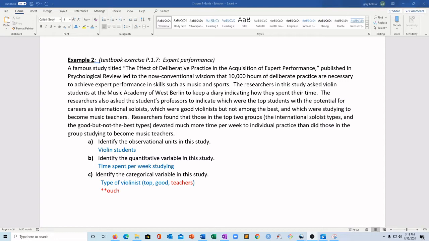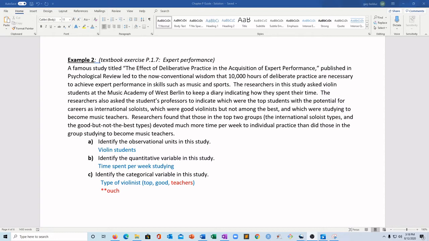So the researchers in the study asked violin students at the Music Academy of West Berlin to keep a diary indicating how they spent their time. They also then, to try to get a baseline at the students' talent, went to the professors and had the professors say who were the top students, who were good students or violinists but not the best, and who were studying to become the music teachers.